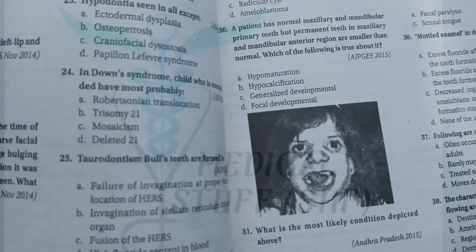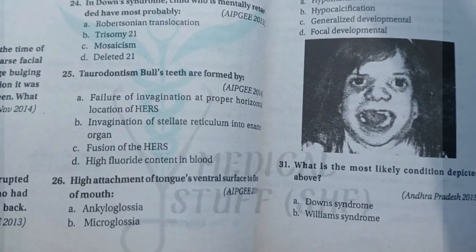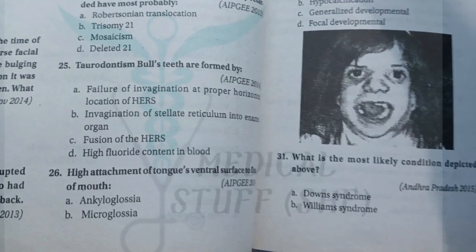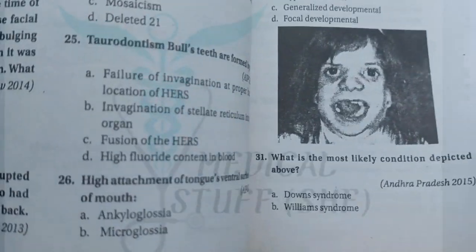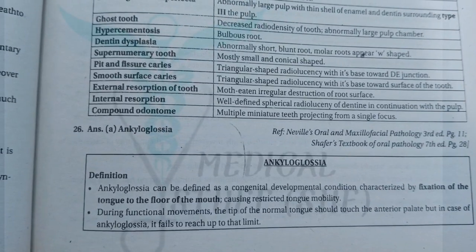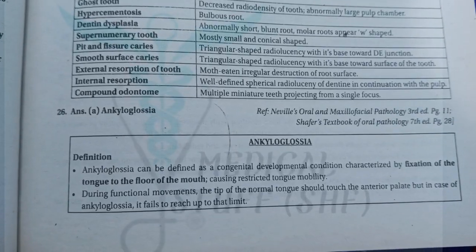The next question is: high attachment of the tongue's ventral surface to the floor of the mouth is called. The answer is ankyloglossia. This topic is also in your book.